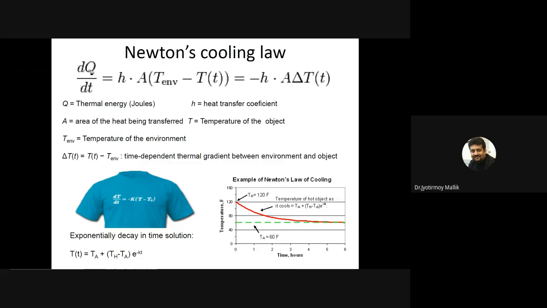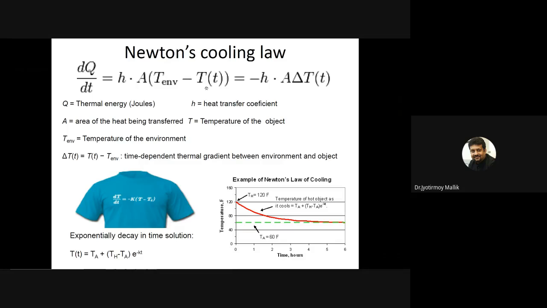So the rate of change of the thermal energy with time is equal to h, which is the heat transfer coefficient, multiplied by the area of the heat being transferred, multiplied by the difference in the temperature between the environment and the temperature of the object.